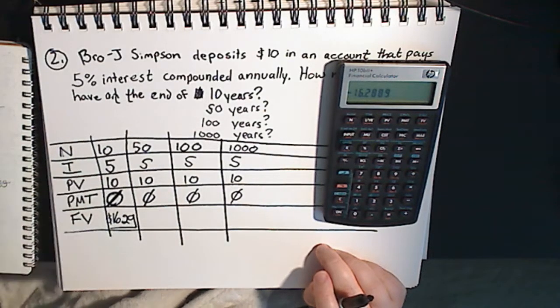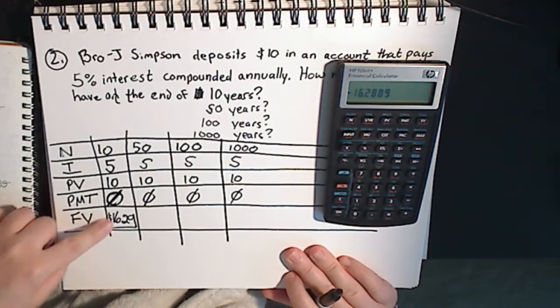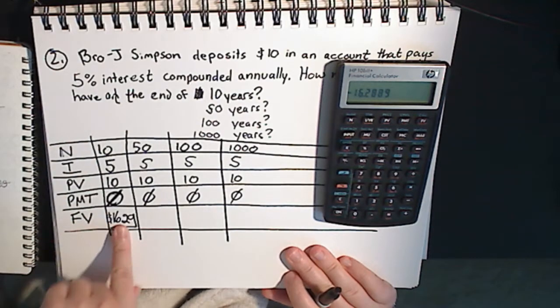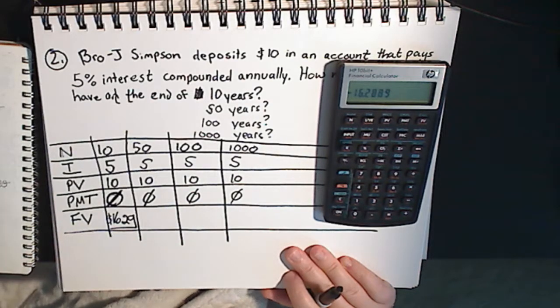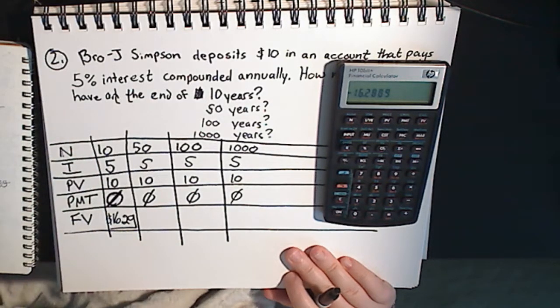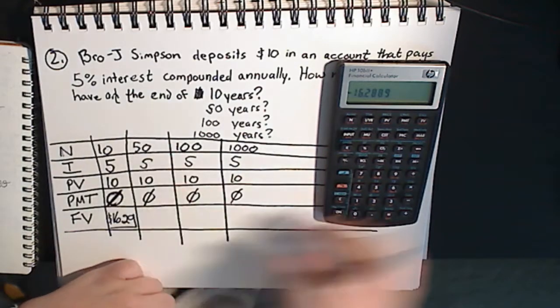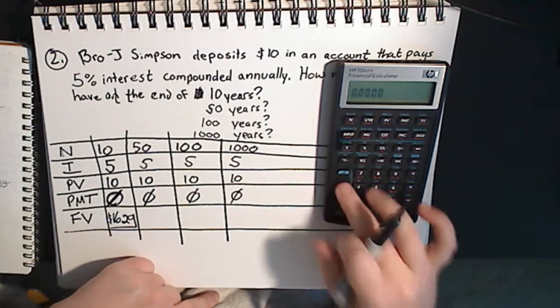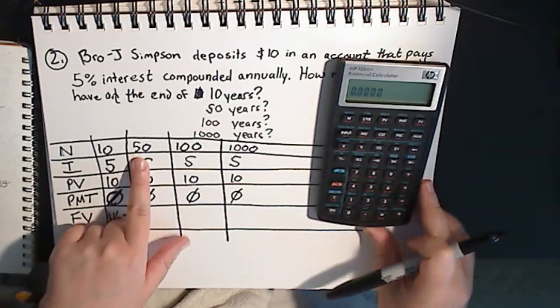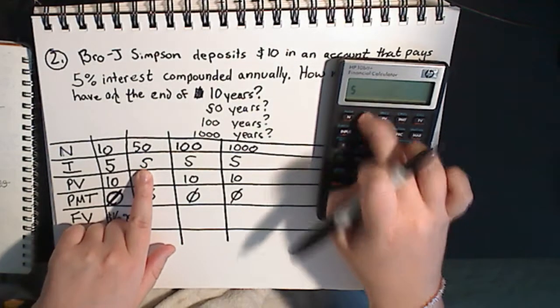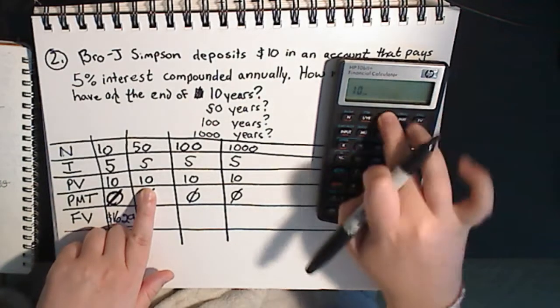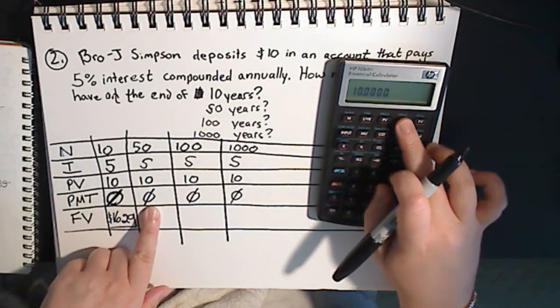10 years. Well, I'm sure that there are faster ways to make an extra $6.29 over 10 years. Let's go with 50. What is 50 years? We have 50 is N, 5 is I, 10 is PV, no payment.